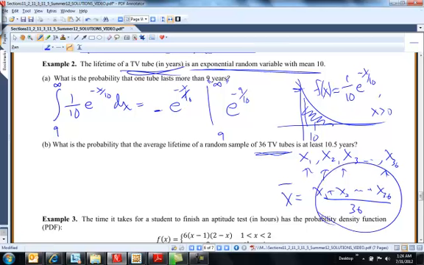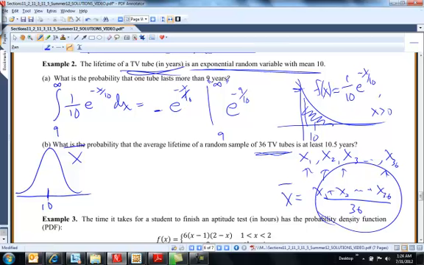So the graph of X bar from what we were just doing should look like this, where the center should be the center of the distribution of any one of these, which was 10. So if one of them has a lifetime of 10, this has a lifetime of 10, 10, 10, 10. 10 of these times 36 divided by 36 is still 10.